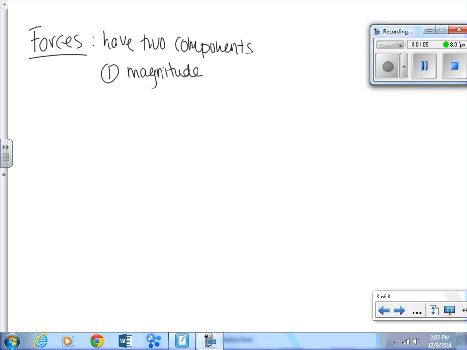So magnitude is the amount of oomph, the amount of force, or the size of the force that you're putting into moving something. The other component of the force is direction. It doesn't just matter that I'm moving the desk, it matters if I'm moving it forward, backwards, or diagonally. So force has two components, magnitude and direction.